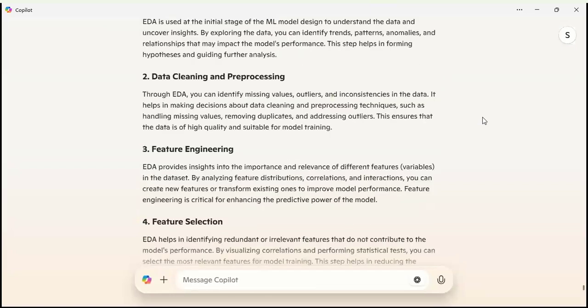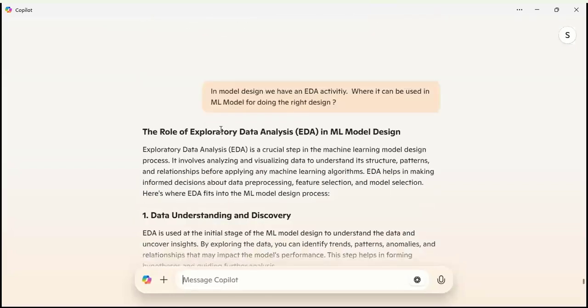Okay, so here the role of exploratory data analysis in model design is a crucial step in machine learning ML model design. It involves analyzing and visualizing data. To analyze and visualize, there are different activities: data analysis is there, data visualization is there.